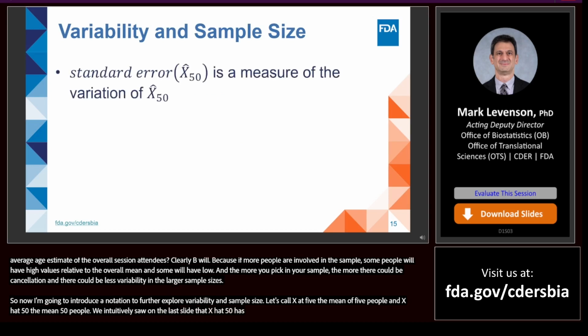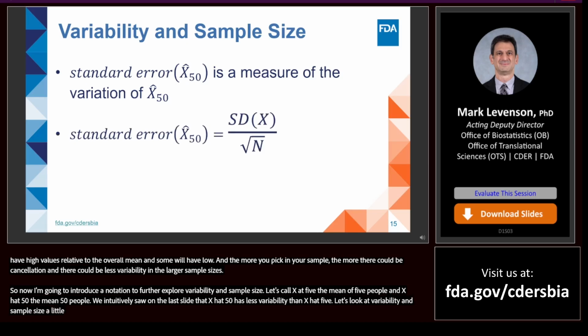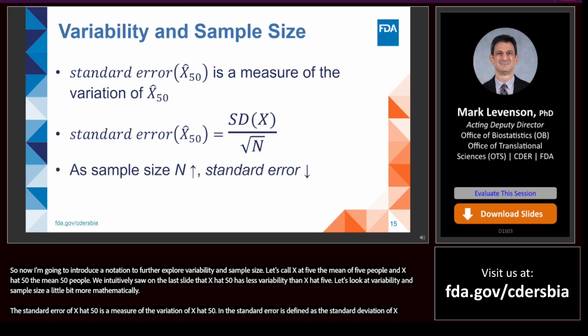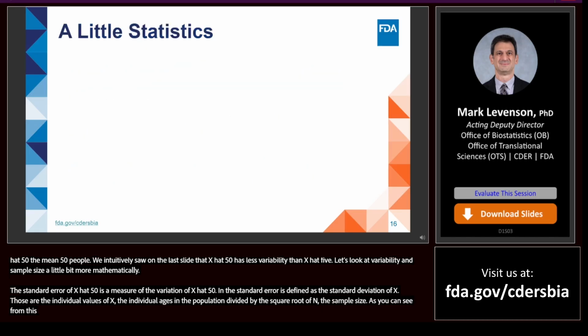The standard error of x hat 50 is a measure of the variation of x hat 50. And the standard error is defined as the standard deviation of X, those are the individual values of X, the individual ages in the population, divided by the square root of n, the sample size. So as you can see from this formula, as the sample size n gets larger, the denominator gets larger and the ratio gets smaller. So for larger sample sizes, the standard error decreases.